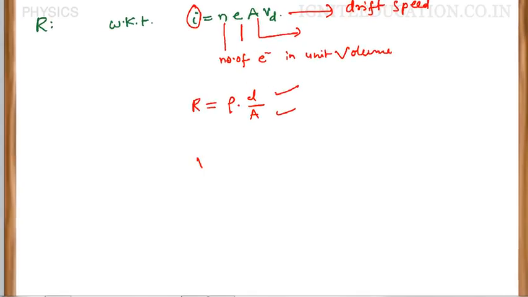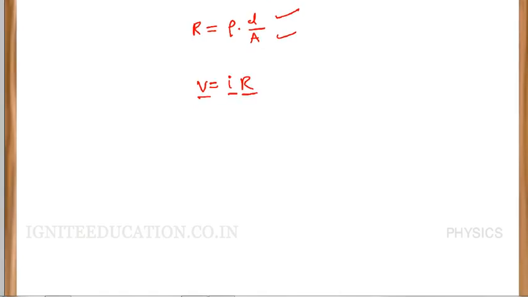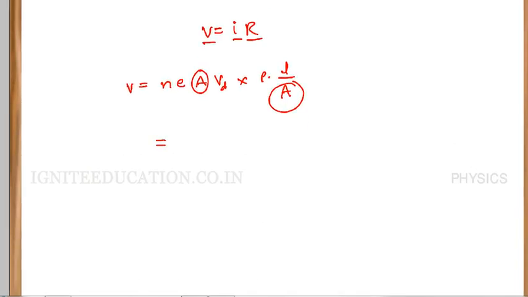Now, we already know that V is equal to IR, where V is the potential difference across the resistor R, and I is the current passing through it. Now I am writing V is equal to I N E A Vd into R, rho into L by A. A gets cancelled, so the remaining things are V is equal to N constant, E constant, Vd we don't know, rho constant, and L is going to vary.